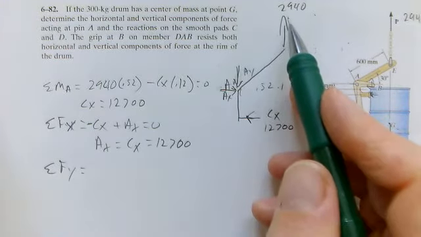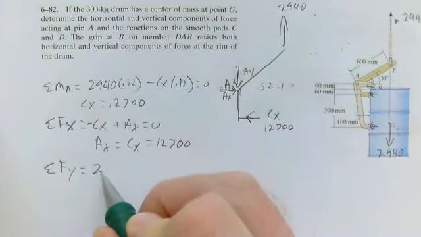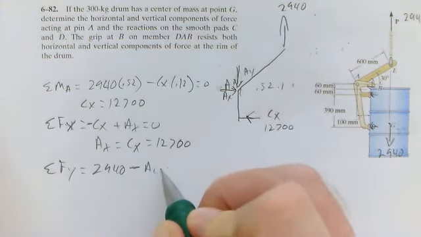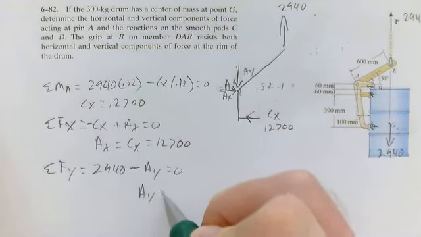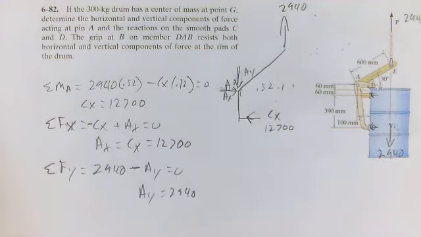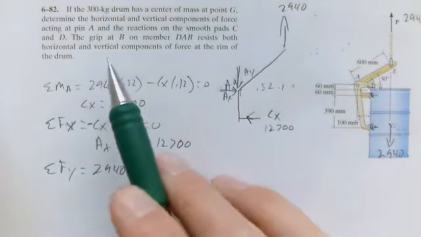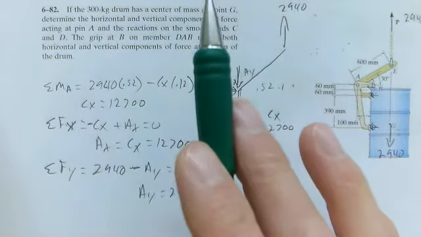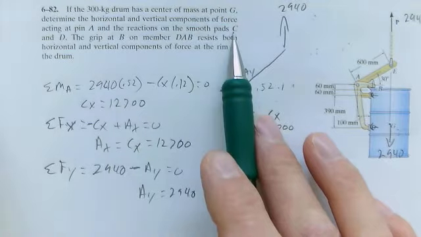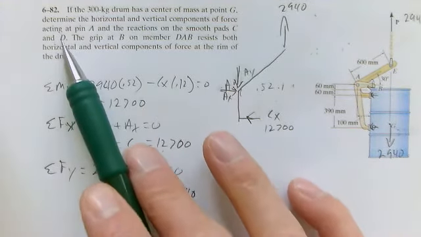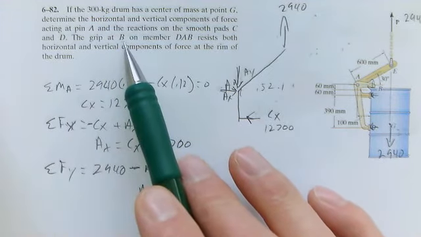And we've got 2940 up, and we got AY down. So AY equals 2940. So we solve for all those unknowns. Now, to solve for the components and force at pin A, we got both of those. The smooth at C, we've got that. And D, and the grip at B.